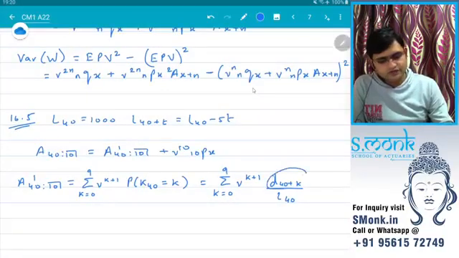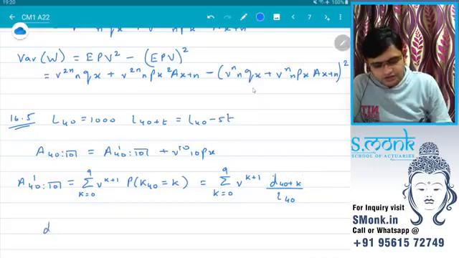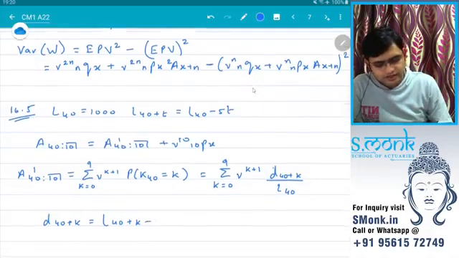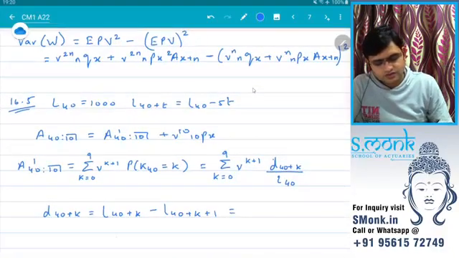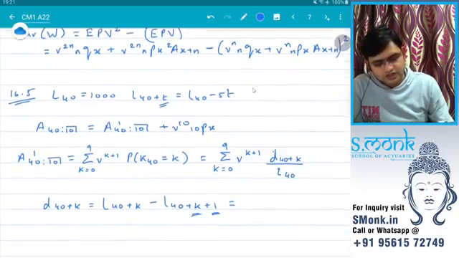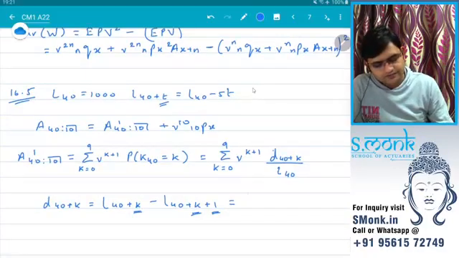Now here, how do we find d40 plus k? So d40 plus k will just be L40 plus k minus L40 plus k plus 1. So in this, if I just substitute k instead of t, for k and k plus 1, what do we get?